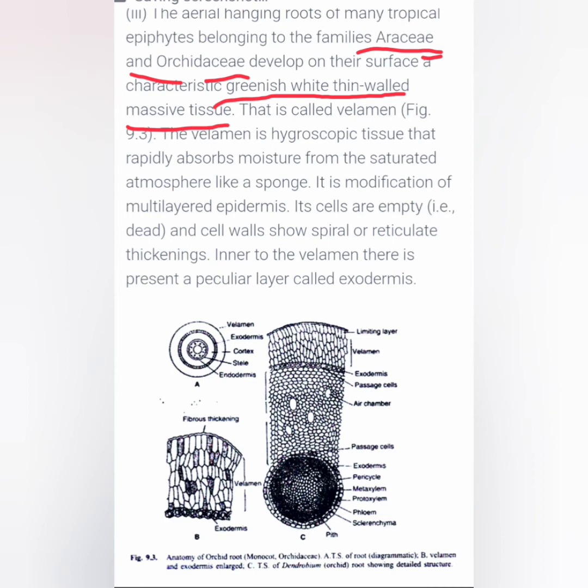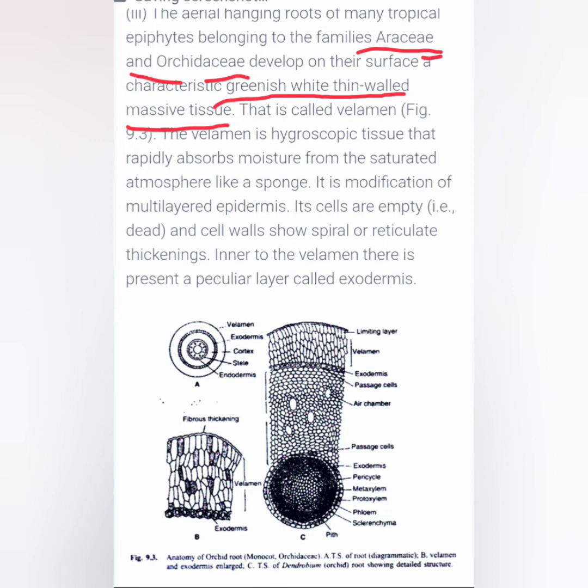Remember, we had discussed this just recently in the first video, when we discussed the morphological adaptation of the roots. If you remember, these hanging roots are greenish in color and they can take part in photosynthesis.